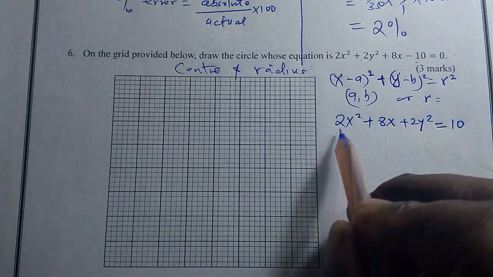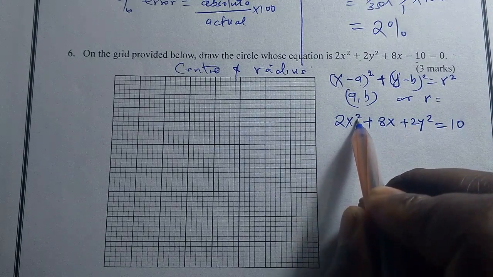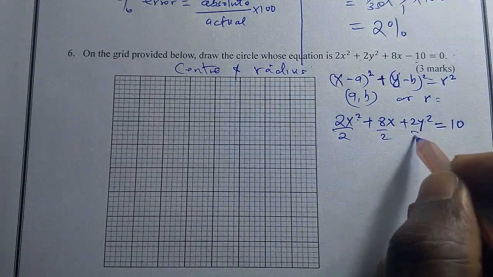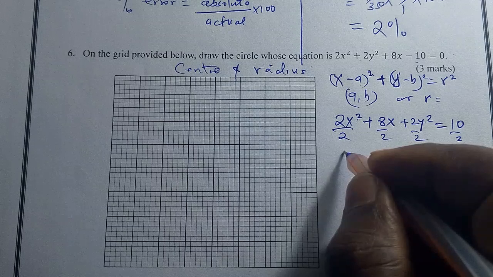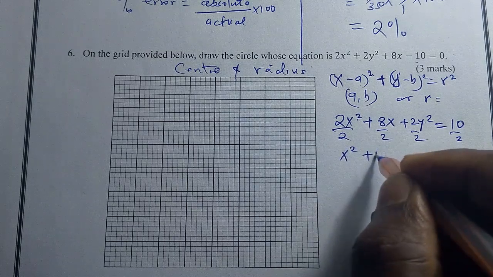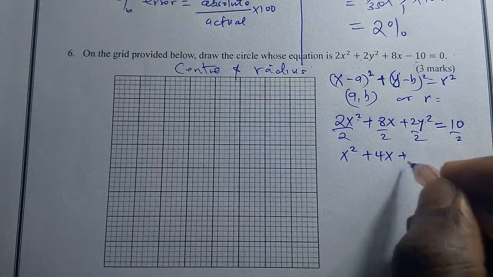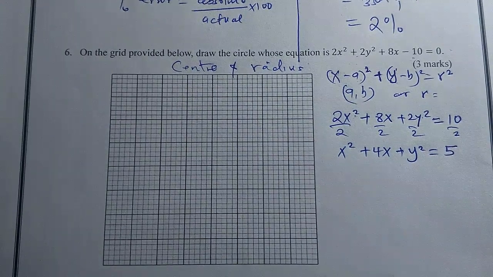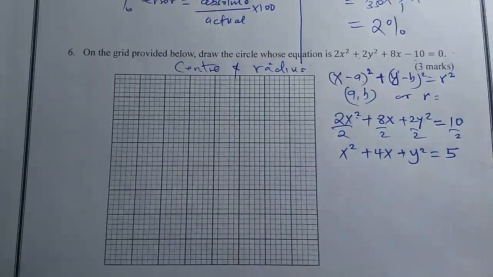Always make sure the coefficient of the power square is 1. So divide by 2 everywhere. So we have x squared plus 4x plus y squared is equal to 5.